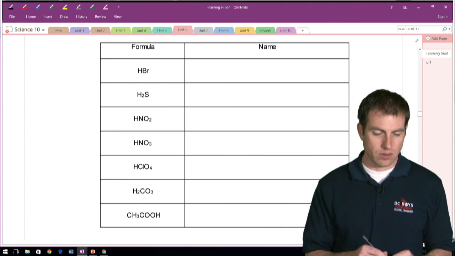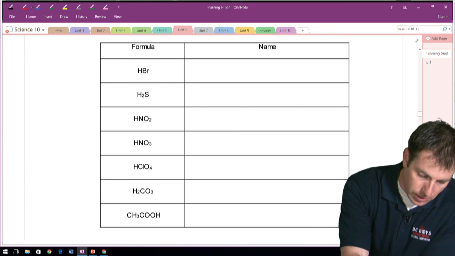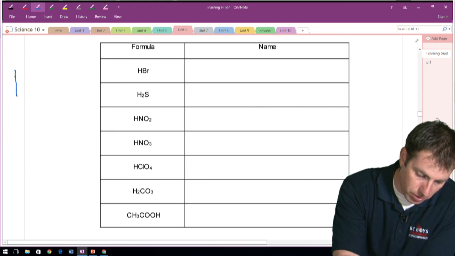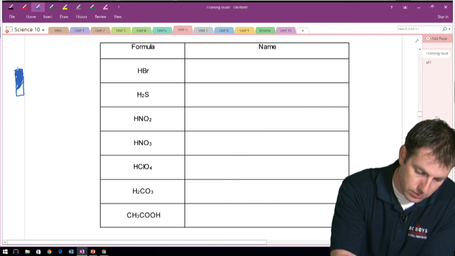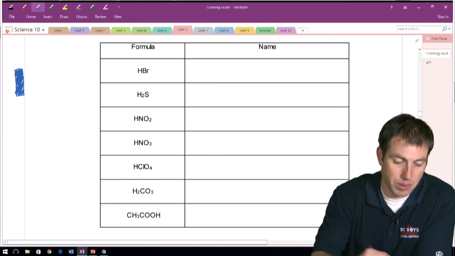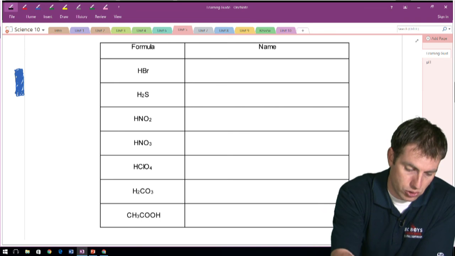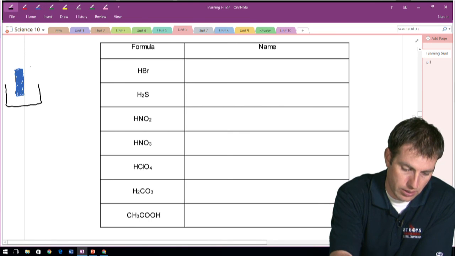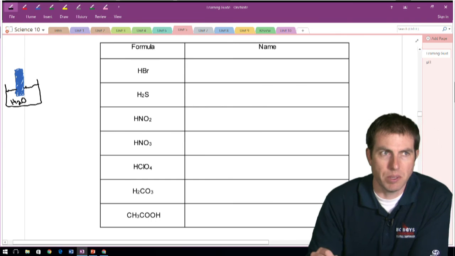So here's kind of the thing with litmus paper. Let's say I had a piece of blue litmus paper, and it just looks literally like this, and it's just kind of blue. There we go. There's my blue litmus paper. If I put my blue litmus paper in a jar that contained some substance, and if this was just something like water, the blue litmus paper would stay blue.